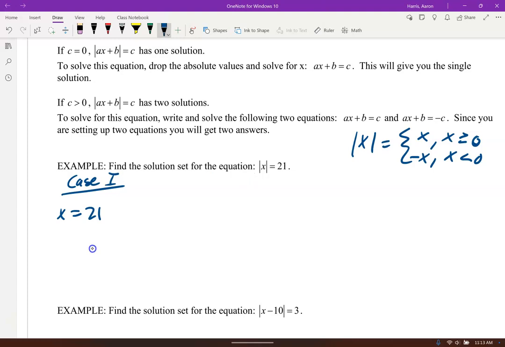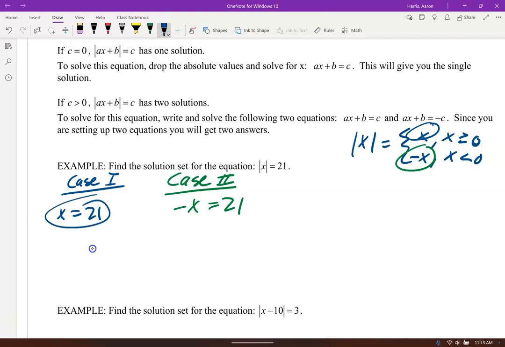And for that case 1, I'm using the absolute value of x is just x. Case 2. The absolute value of x is the opposite of x. And now I put a negative in front of my absolute value equals 21. I'm going to solve each of those separately. This one's already solved for. This one I got to go ahead and divide by -1.